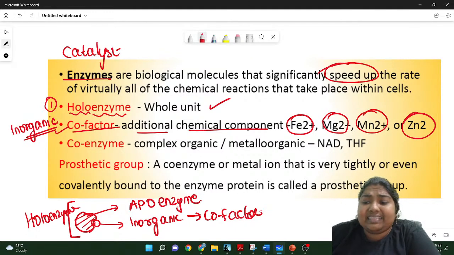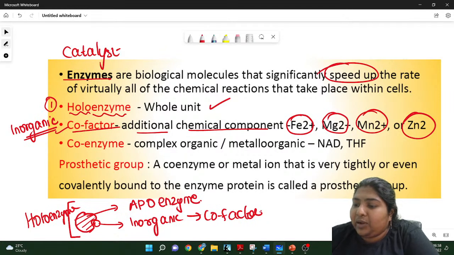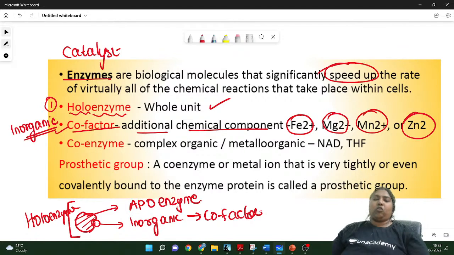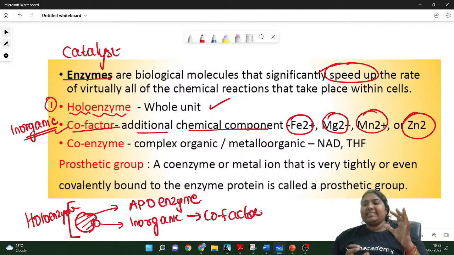So all these three things are thorough to you: what is an apoenzyme, what is a holoenzyme, and what is a cofactor. The cofactor is the small component, inorganic in nature. Apoenzyme is the protein part. Together, apo and cofactor make up the holoenzyme.